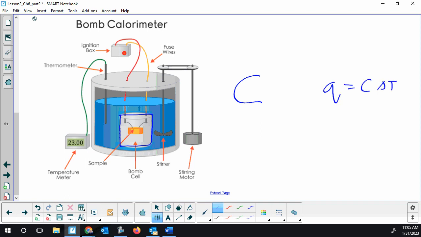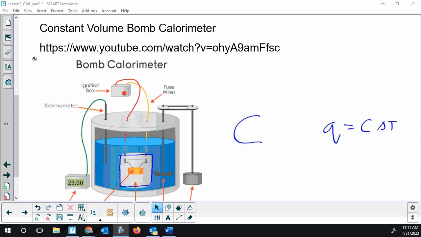You would figure out the delta T of the water, but the heat for the metal and the water, the whole setup is where all the heat went, the delta T for the whole setup. So you should be able to solve a bomb calorimetry question with a slight alteration to your previous skills. So bomb calorimetry is the last part wrapping up.